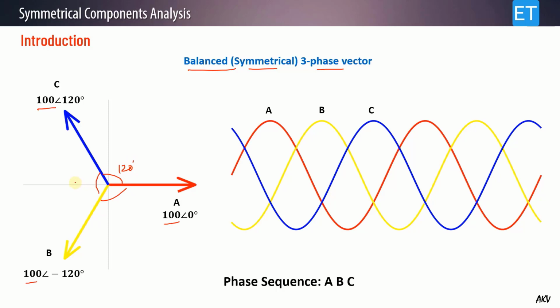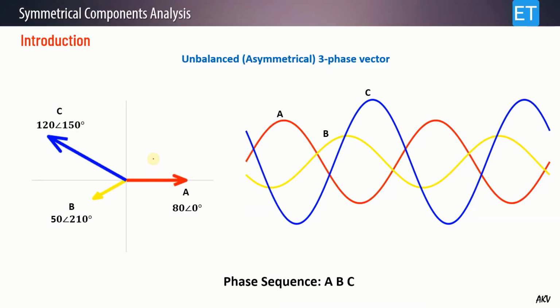In this case, they all have 120 degrees with each other, and these are the corresponding sinusoidal waves representing these balanced vectors. And here the phase sequence ABC means first A will appear, then B, and then C. So the phase sequence is first red, yellow, and then blue.